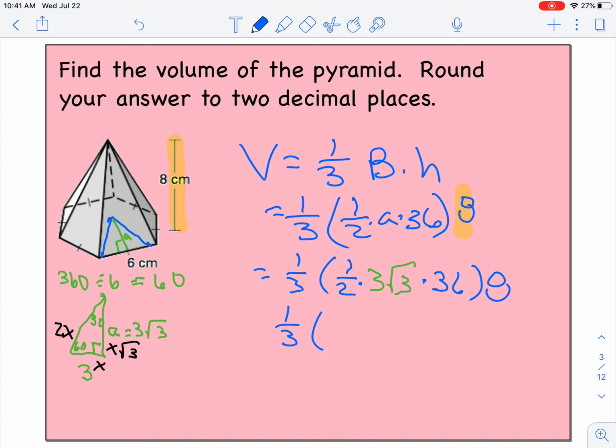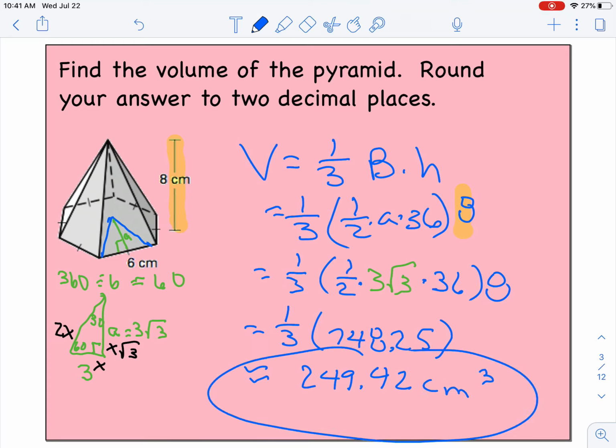And that gives me 748.25. And now you can multiply that by 1/3 and put it in parentheses, or you can just divide by 3, which gives you approximately 249.42 centimeters cubed.